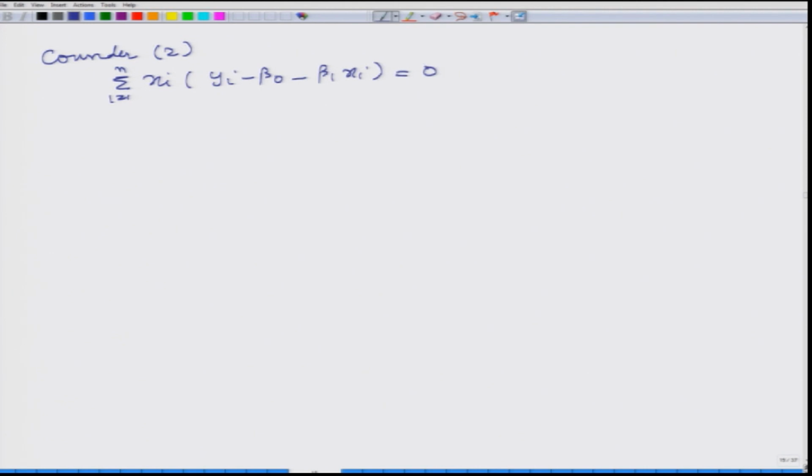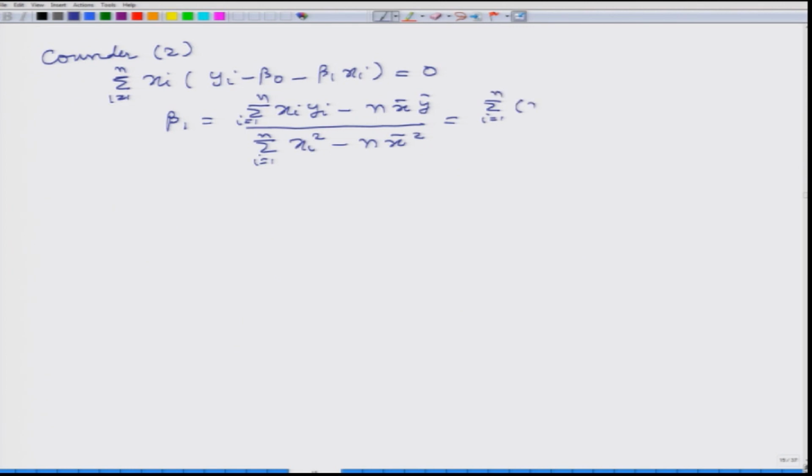If you open the bracket and solve it, we get beta 1 equal to summation x i y i minus n times x bar y bar, upon summation x i square minus n times x bar square, where summation is i goes from 1 to n. If you simplify it, the numerator is summation i goes from 1 to n of x i minus x bar times y i minus y bar, and the denominator is summation of x i minus x bar whole square.